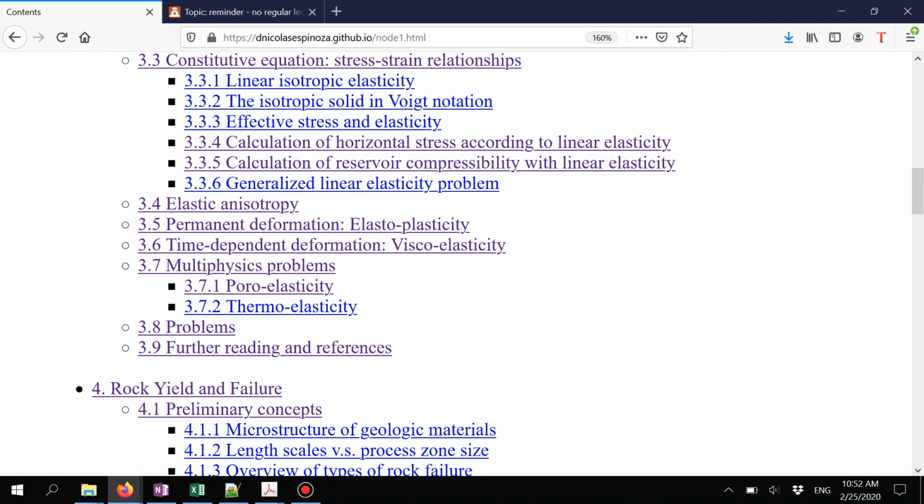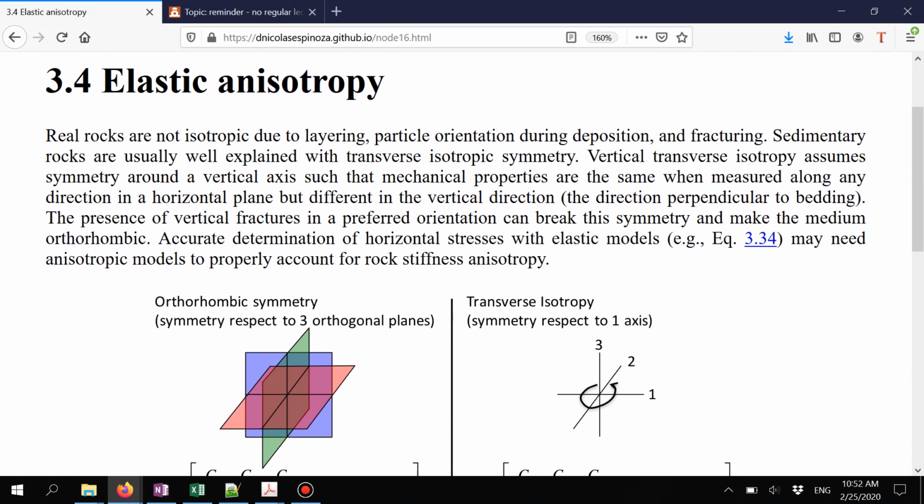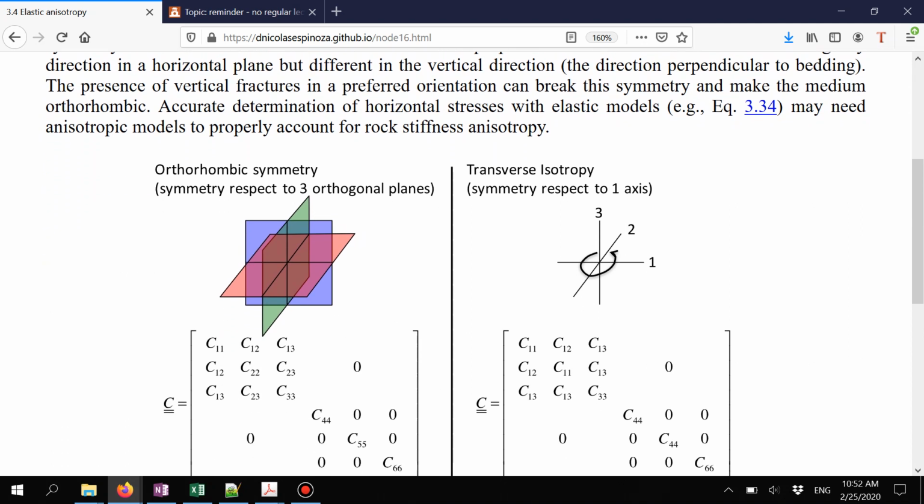The first thing that we're going to look at is elastic anisotropy. So far, we have assumed a model in which the rocks are isotropic. And isotropy means that all the properties are the same in all directions.